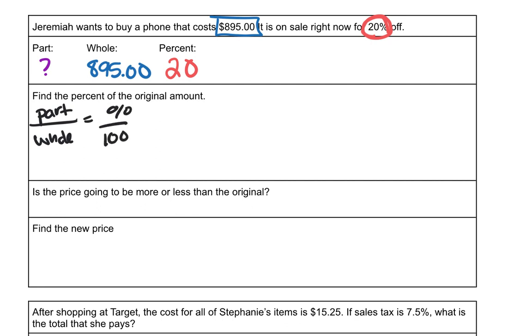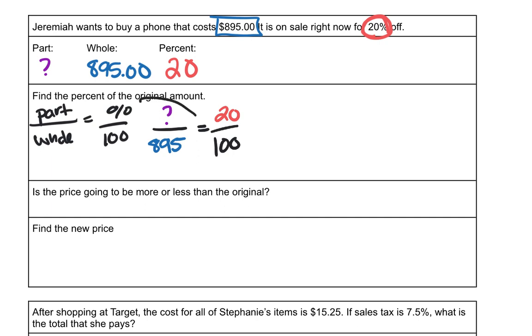If you do it the equation way, that's fine. I will do an example of that later, but for right now, I'm just going to use this proportion method. So the part is the thing we don't know, so I put a question mark there. The whole is $895. Our percent is 20% divided by 100.